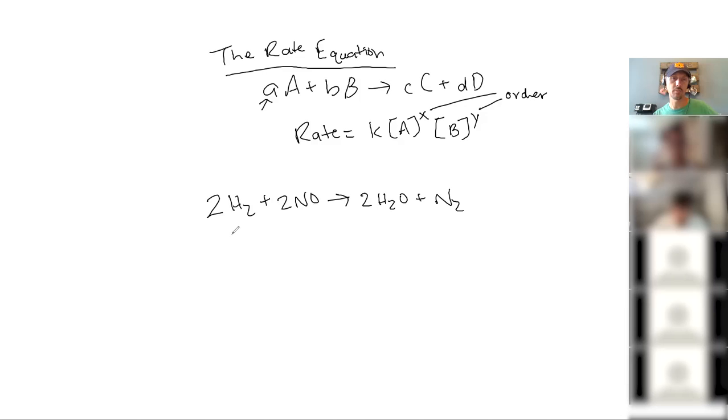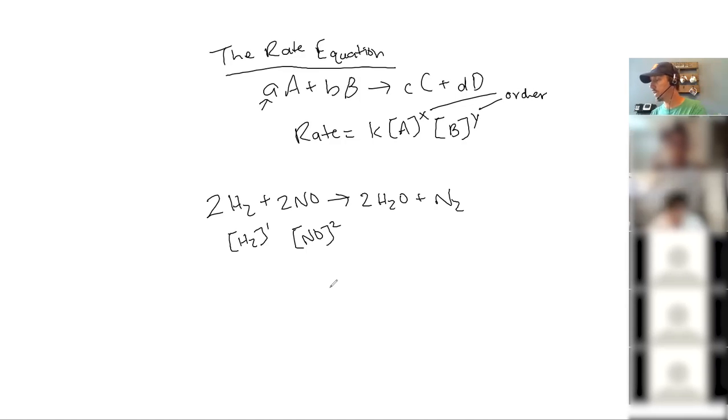So that means that when we're talking about the concentration of H2, it is to the first power. That's the order of H2 in this particular reaction. The reaction is second order with respect to NO, and so for NO, our power is going to be 2.